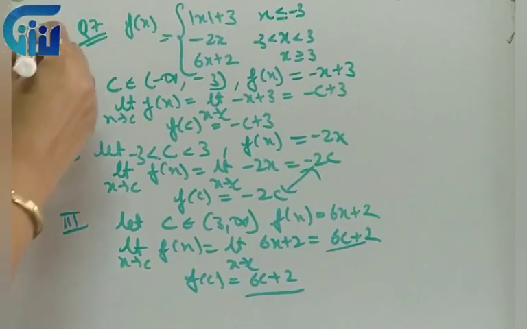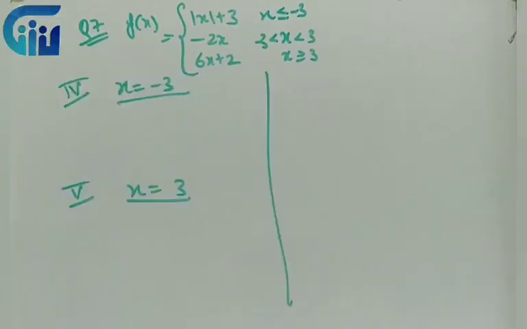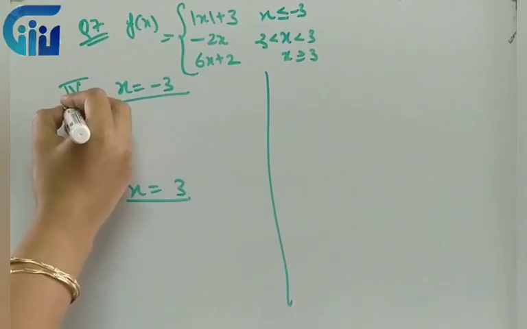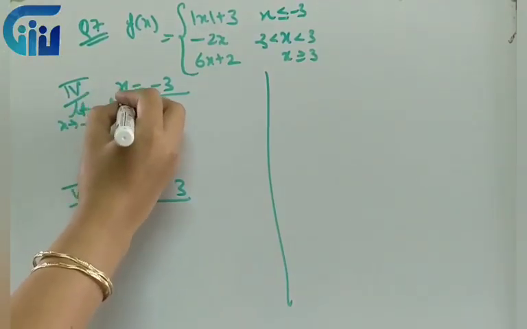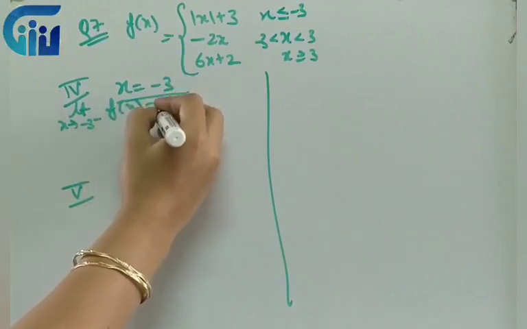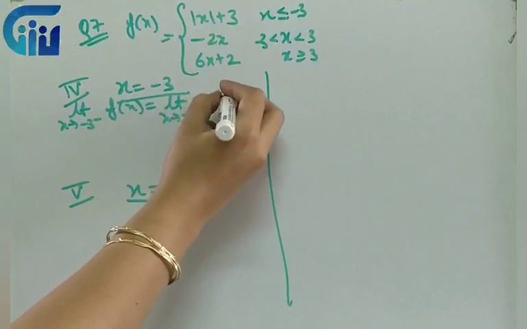So these are the three cases which will always come out to be continuous, but since it is a 4-marker question, we have to write and present it in this manner. The next case will be, we will check for points minus 3 and 3. So when x is equal to minus 3, we will have left hand limit, that is limit x tending to minus 3 minus. Minus 3 minus means it is less than minus 3, so it is minus x plus 3.